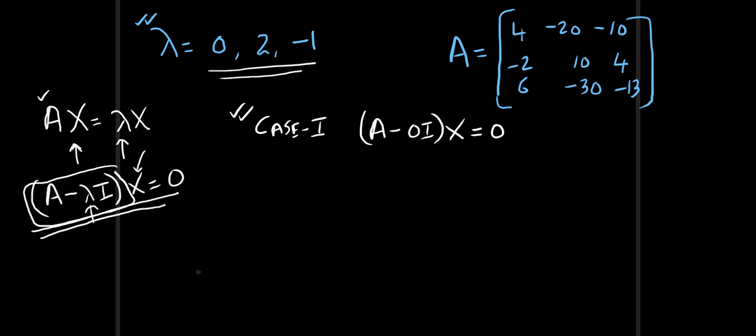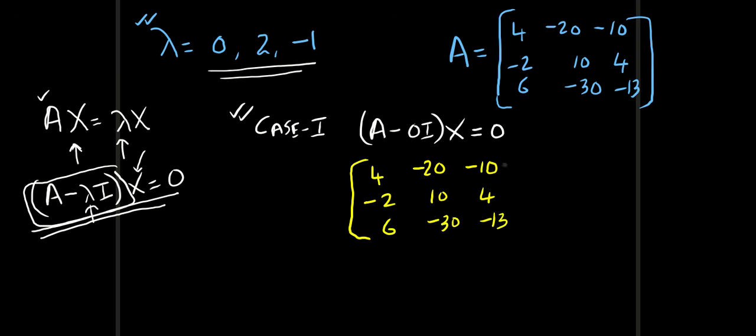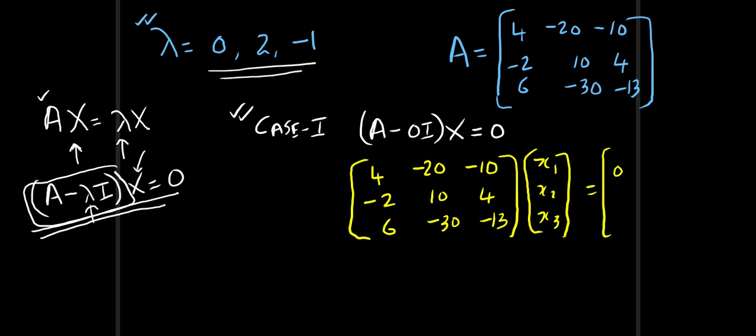So the equation changes into the matrix with rows 4, minus 2, 0; minus 1, 0, minus 2; 10, 4 and 6; minus 3, 0, minus 13 as given, and let the required eigenvector be x1, x2, x3, and that will be equal to 0, 0, 0.